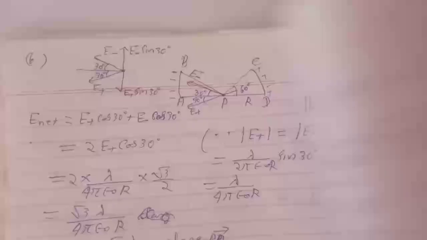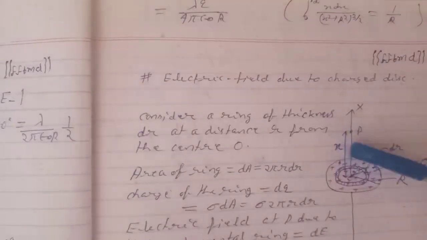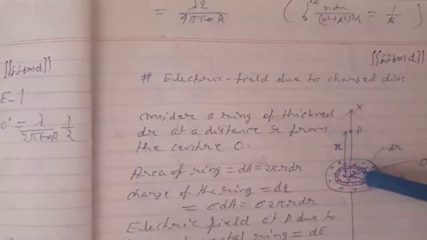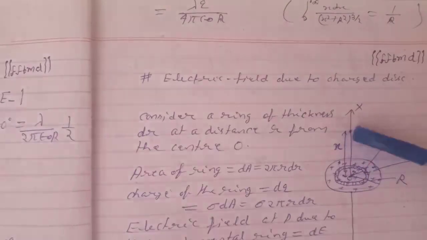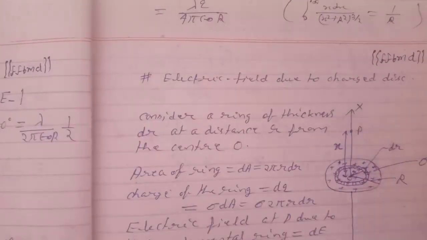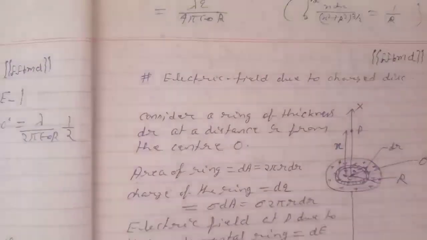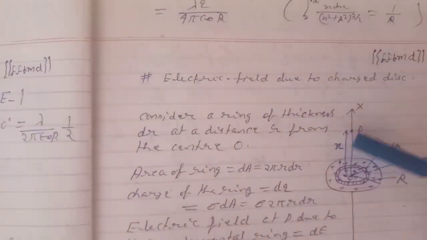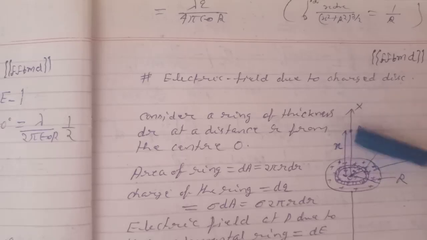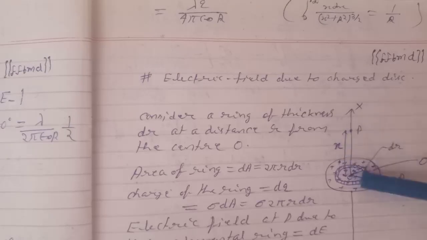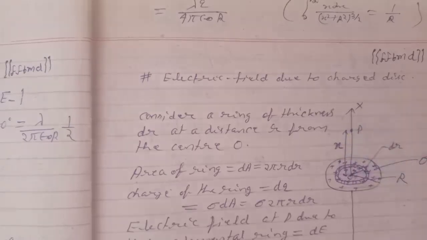Here we can see that this is x, and if we take this as theta, then cos theta will be x by this length, under root r square plus x square.